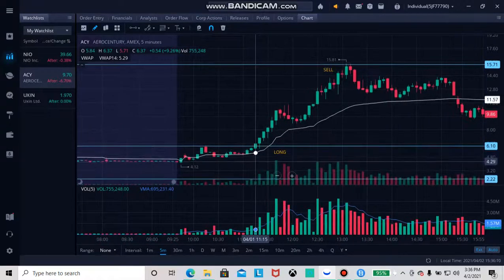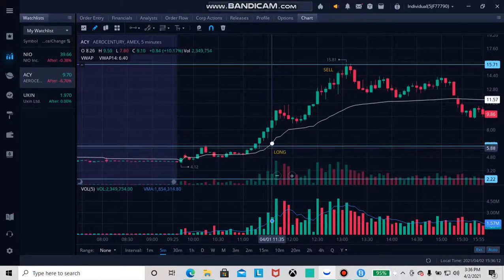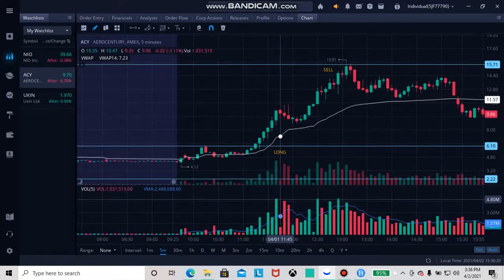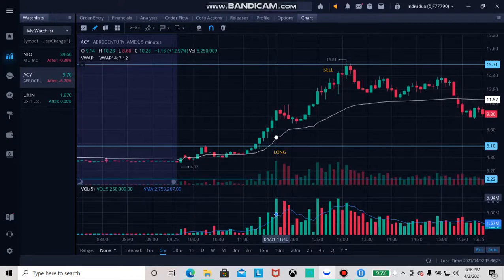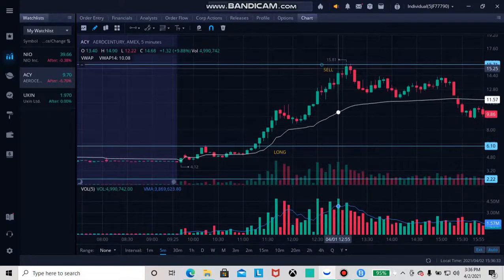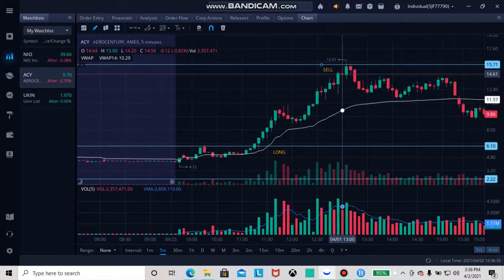Once I got confirmation that it went over VWAP and it broke my line, and I had big volume here of about 4.95 million in a green candle, meaning people were buying, meaning the stock is going to go up, then I went long. So I went long right about here and rode it all the way to about here, where I sold at about 14.91.